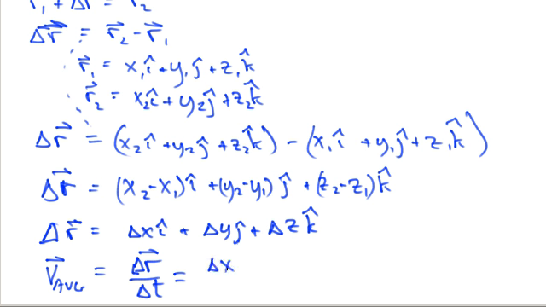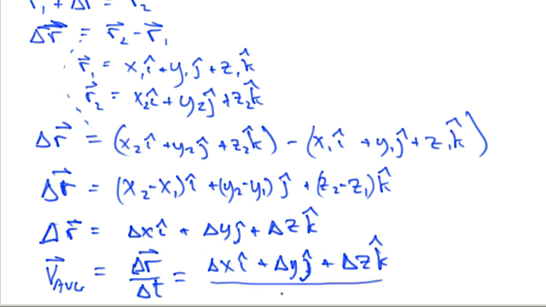That we can write as delta x i plus delta y j plus delta z k, all with the hats on there, divided by delta t.